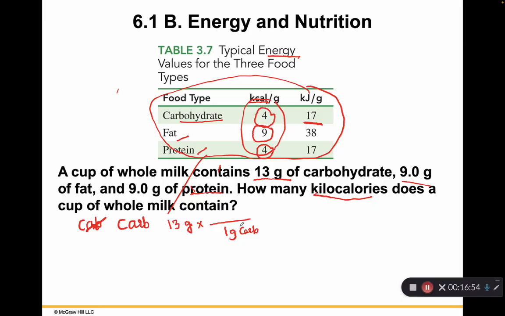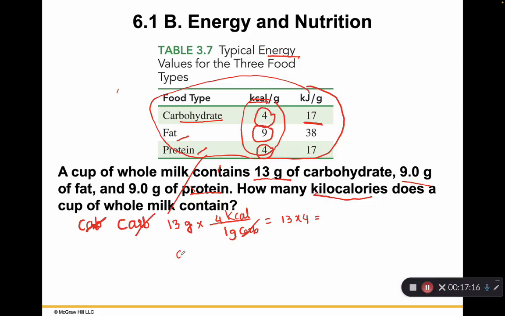So 1 gram of carbohydrate gives me 4 kilocalories of energy. I use that relation. 1 gram and gram of carb cancel out. I have 13 times 4, and we will come up with a number.